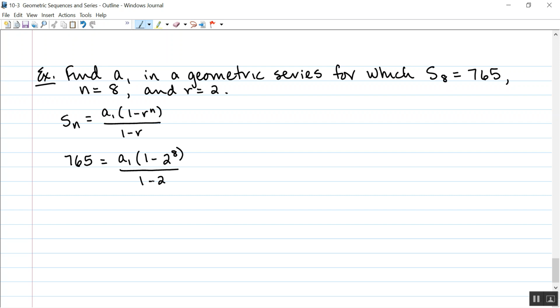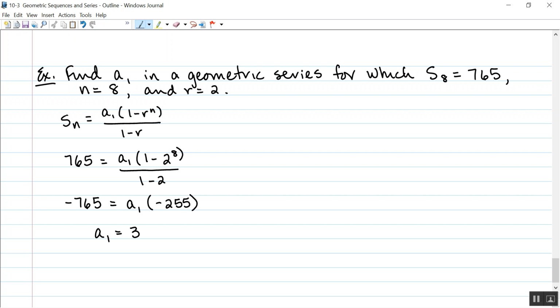This is going to give me a -1 on the bottom, so I'm going to multiply both sides by -1. That gives me negative 765 equals a sub 1 times, and when I do 1 minus 2 to the 8th power, I get -255. Dividing both sides by -255, I get a sub 1 equals 3.